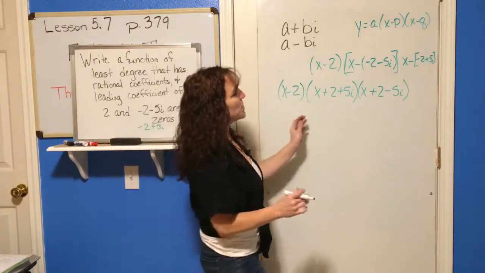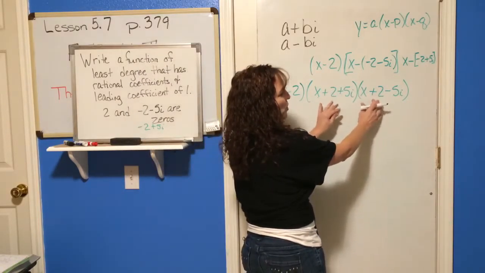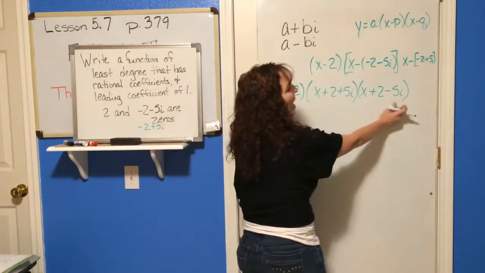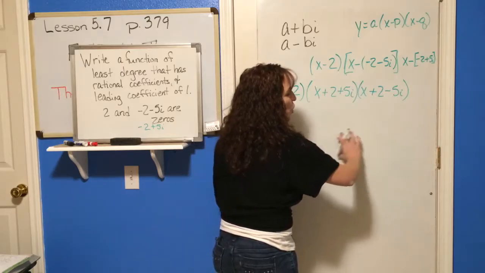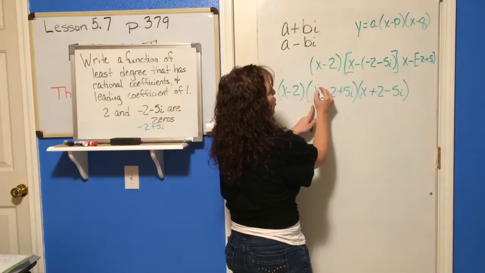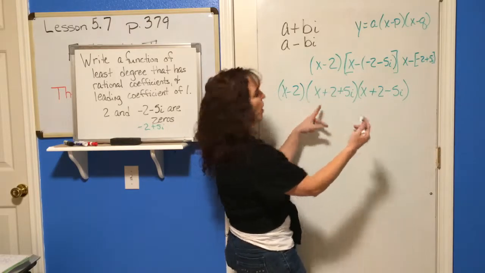Now what I would do in this case is multiply your trinomials first and then multiply your binomial. We just have to multiply it out until we end up with just one polynomial instead of all these polynomials multiplied by each other. So use your extended FOIL.